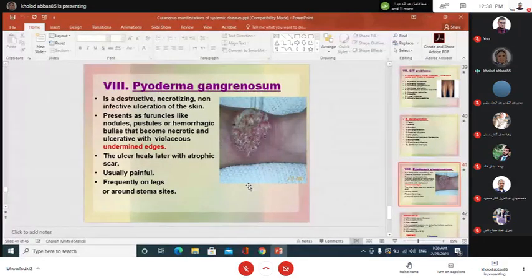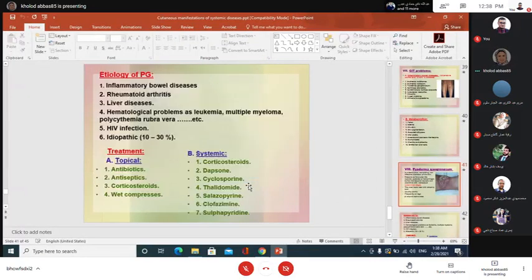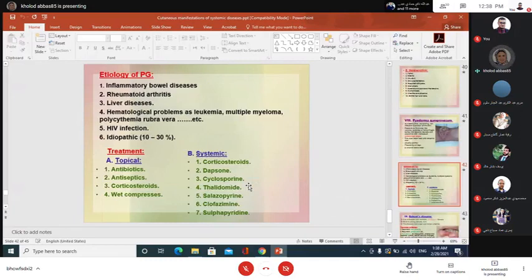Okay, usually ulcer heals later with atrophic scar. It's painful, seen most commonly on the legs. المميز به undermined violaceous border.